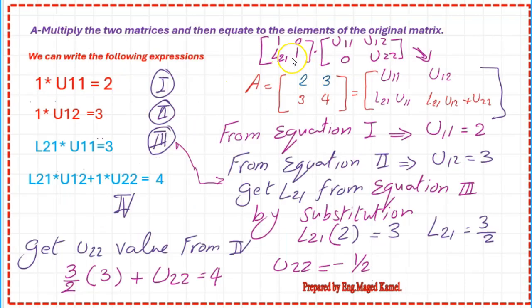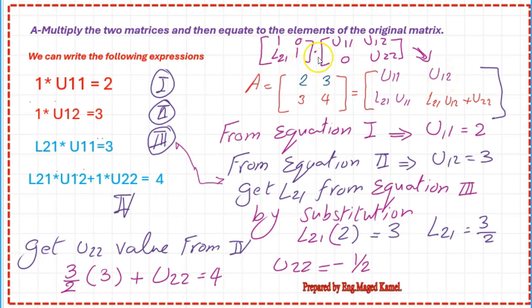Again, these are the components of the L matrix, and these are the components of U. And this is the A: 2, 3, 3, 4. If we multiply both matrices by each other, we multiply 1, 0 by U11, so we have U11 in the upper left corner. And we have U12 plus 0 times U22, so we have only U12.